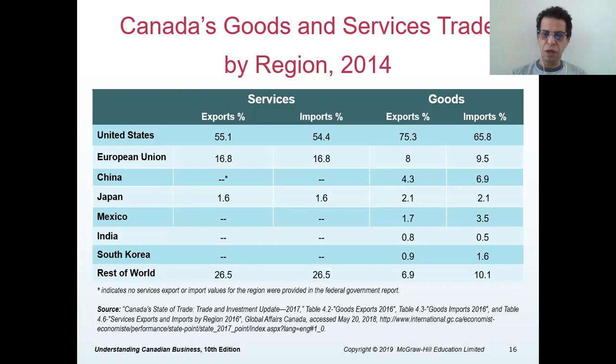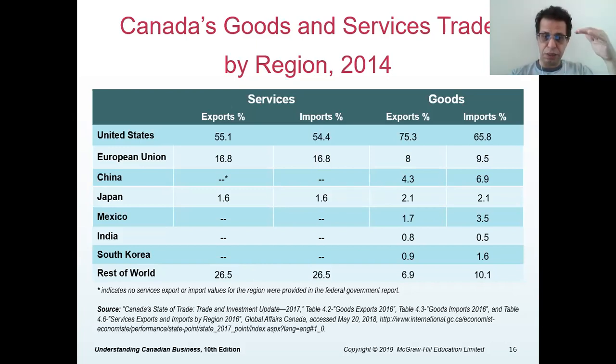We have some trade surplus with the USA, but other countries probably have a shortage, especially China, which is not clear. But in Mexico, for example, the goods we're exporting are $1.7 billion and we're importing $3.5 billion from them.